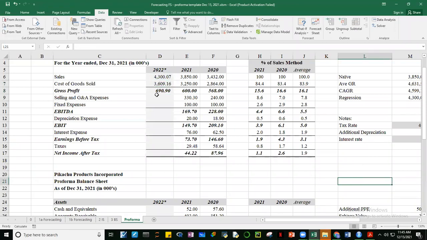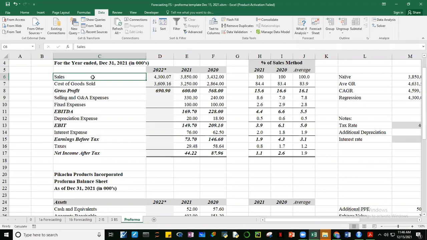Okay? So, all right. How about selling general and administrative expenses? Ito mixed ito guys kasi ang selling, definitely, medyo related sa sales yan. Kung malaki yung sales, lumalaki yung selling expense. Pero yung general and admin, admin is accounting, HR, yung mga non-operating departments, tapos yung mga general expenses na hindi naman related to sales.